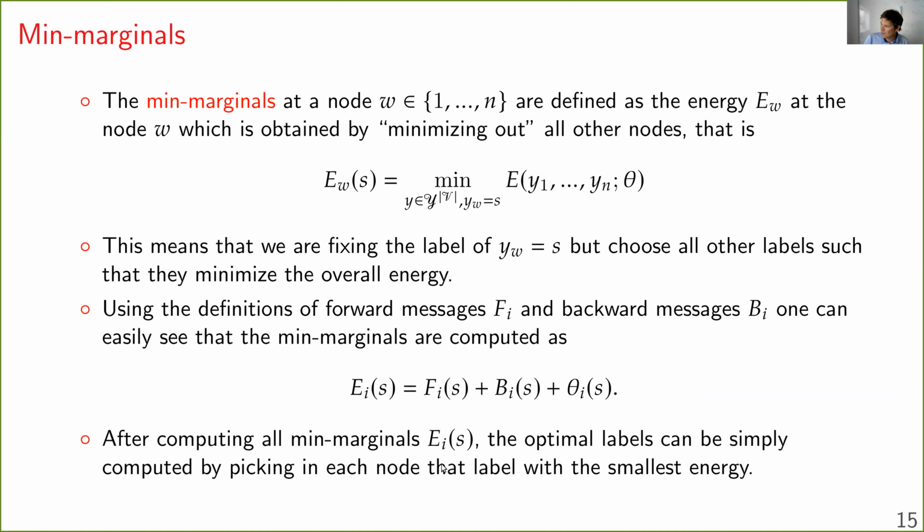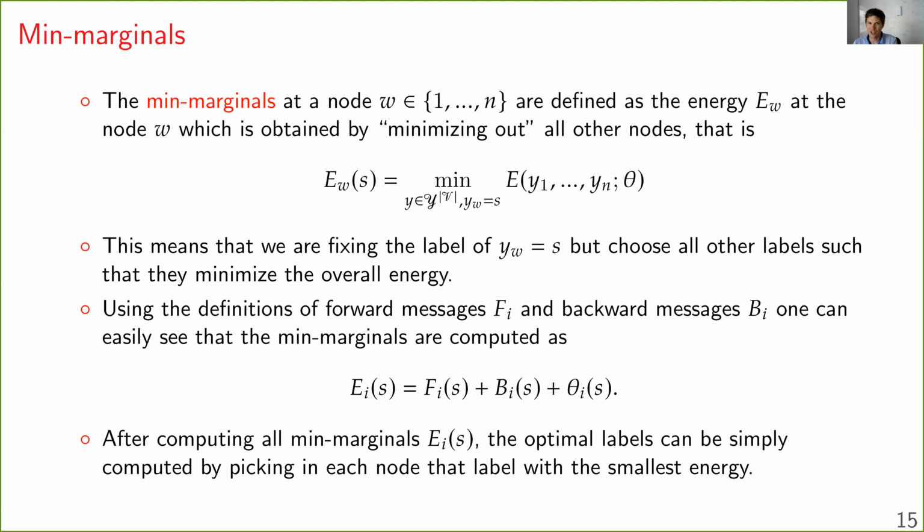Once we have computed the forward and the backward messages, it turns out that we can compute a quantity which is called the min-marginals. The min-marginals are defined as follows: you consider a certain node somewhere in the middle of your chain, you fix the node to a certain label, and you minimize out from left and right all other labels.